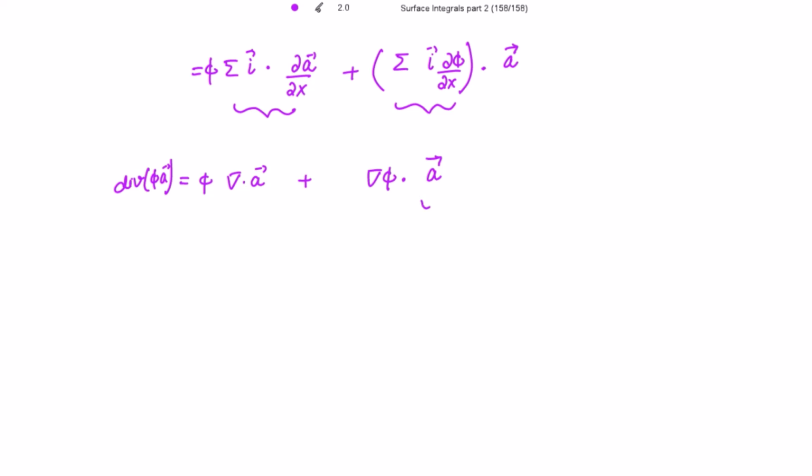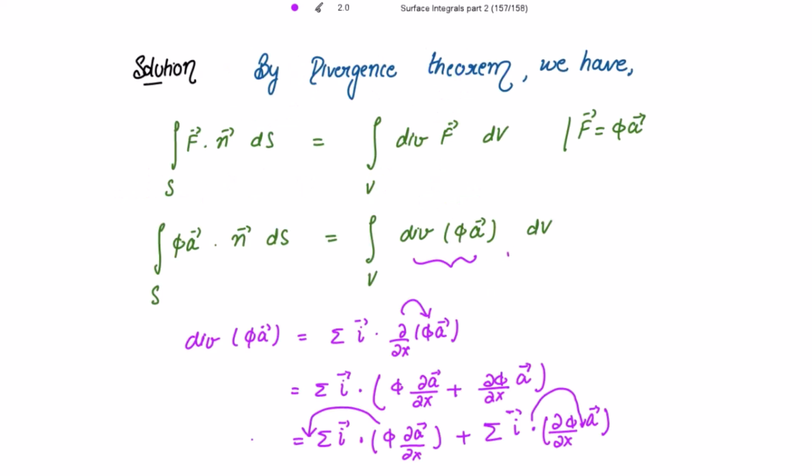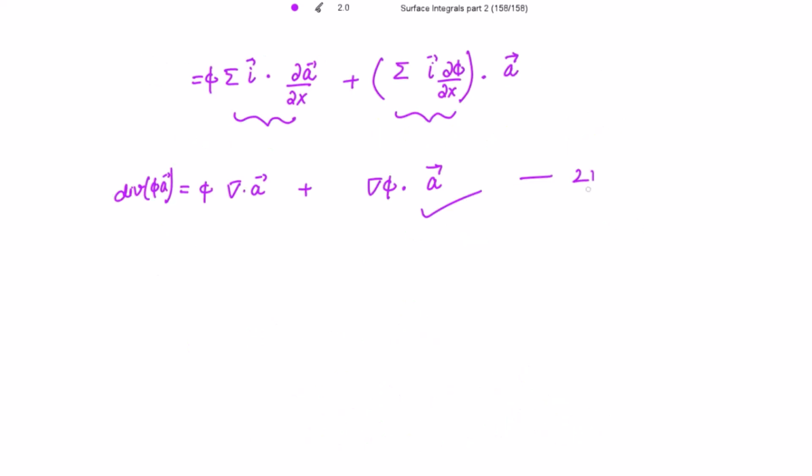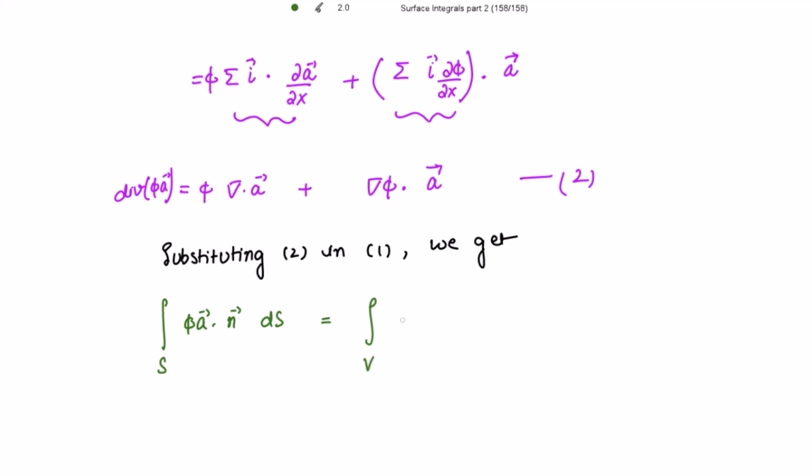And now substituting this value in this integral. So marking this as 1 and this as 2, substituting 2 in 1. So this surface integral is equal to the volume integral of divergence of phi a vector dv, and I'm going to substitute the value now. So divergence of phi into a vector is, okay, phi del dot a vector plus del phi dot a vector dv, right?